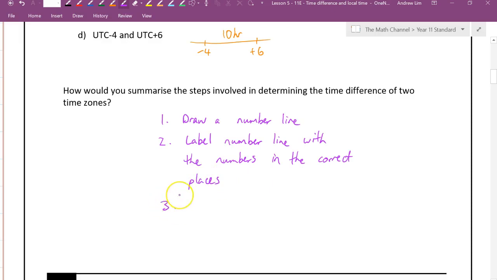And the last step, to work out the time difference, I'll just write time difference is equal to right number minus left number. The big one minus the small one.